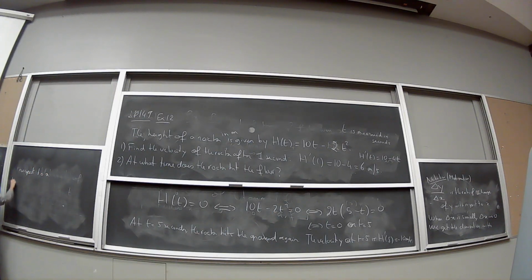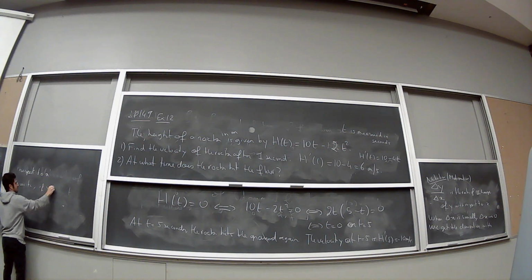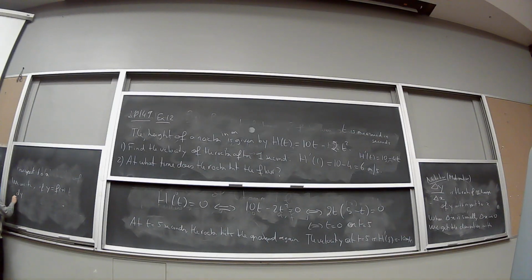Now we write, let's say if y is equal to f of x, dy divided by dx is equal to f prime of x. Okay? A difference of y divided by a difference of x. Instead of the delta, you put a d.